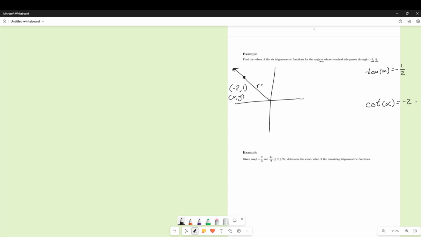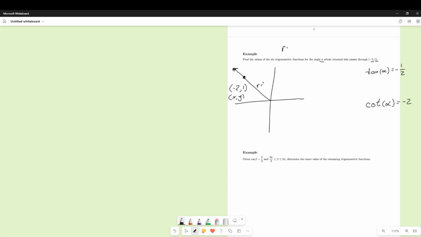So we can do those without the r. Now that doesn't mean our sine is 1 and our cosine is 2, because those have to have that ratio to r thing. So we still have to calculate r to be able to break those out. We can't separate it because we don't know what the r should be in between them.